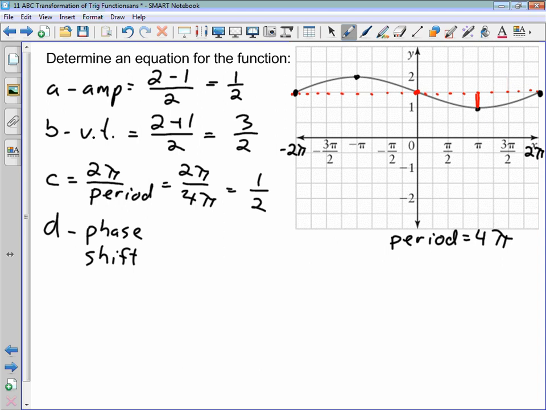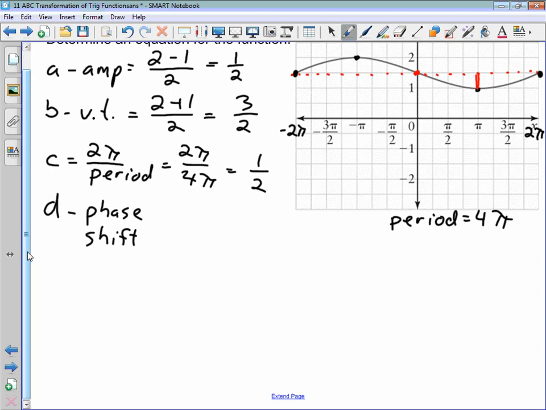With a sine function, we would expect it to go up. If it's going down, we can interpret that as a reflection in what would have been the x-axis, but in this case it's reflected in that midline. So if we choose a sine function, we can have no phase shift. Let's say d equals 0.